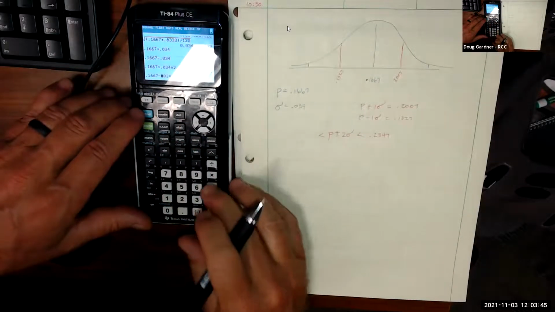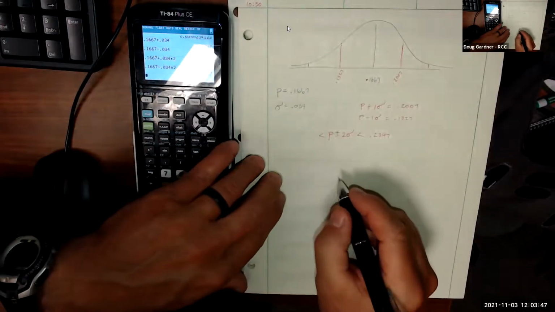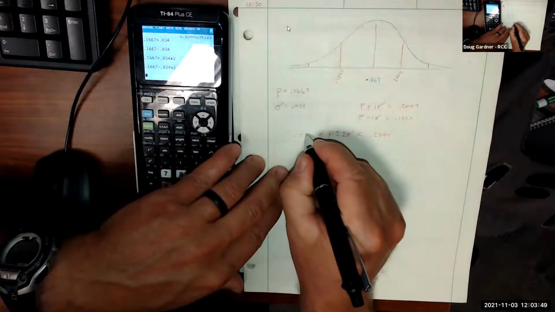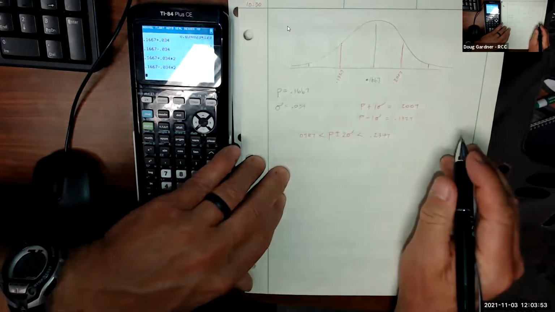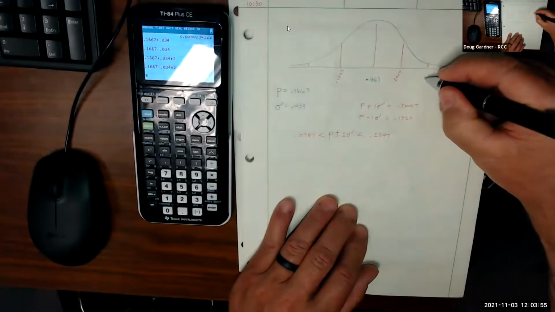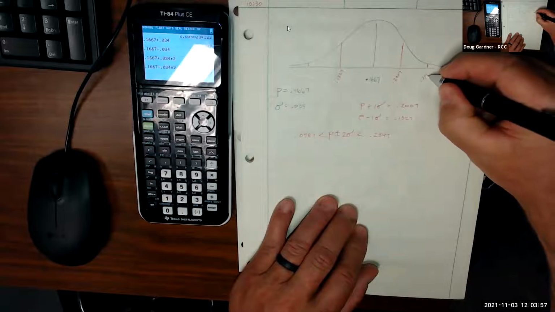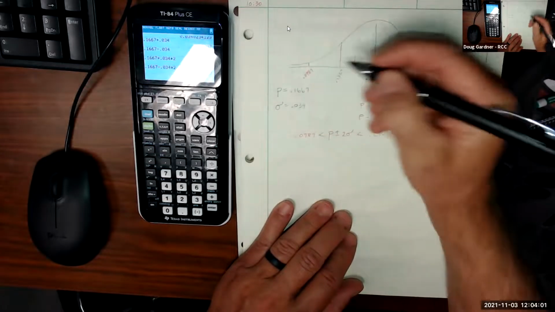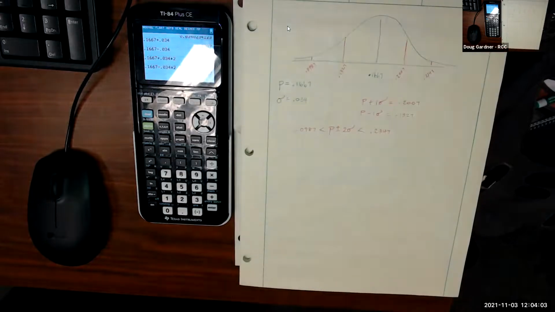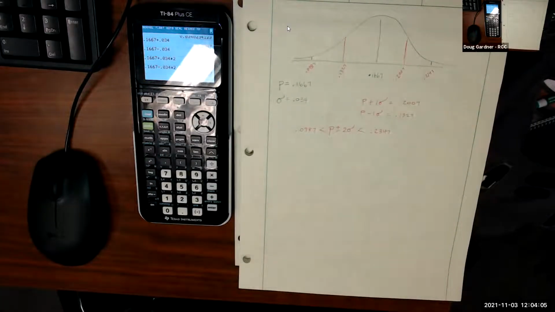And if I take the mean minus 2 standard deviations, I get 0.0987. Is this one of your questions on your assignment? I know it looks something like that.